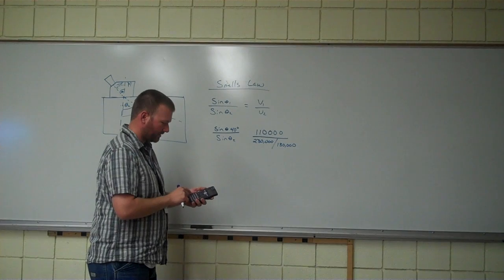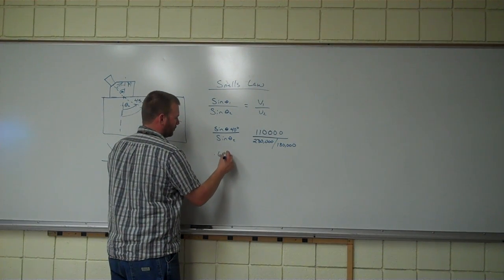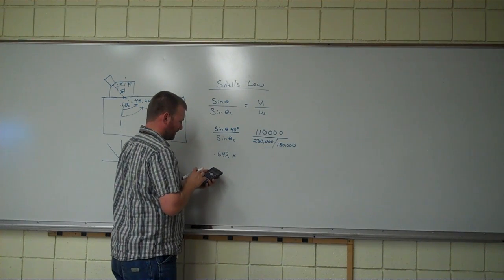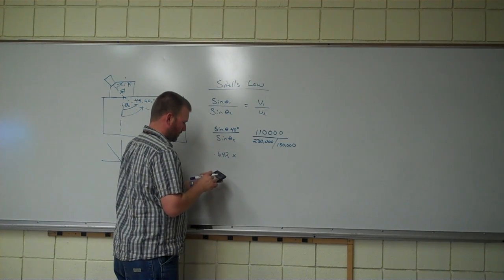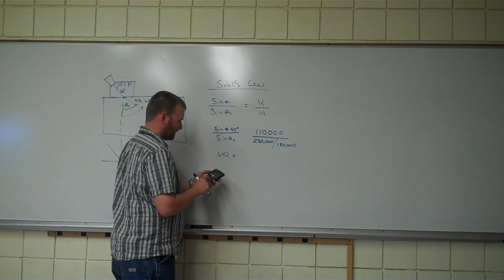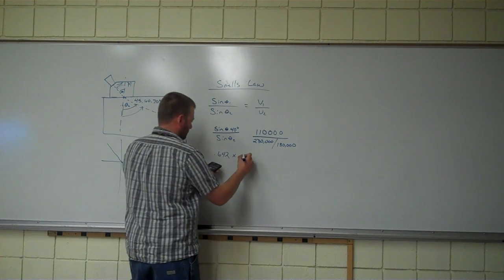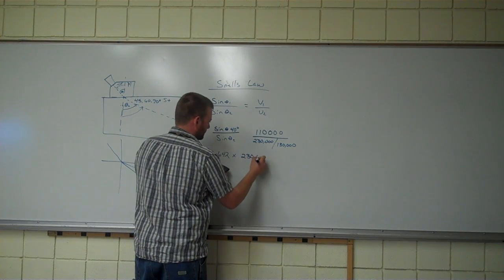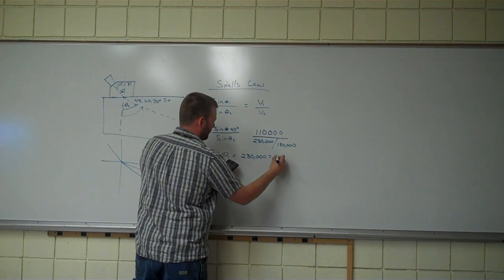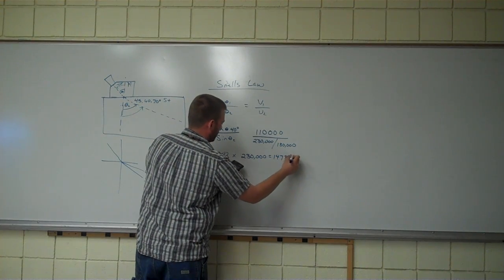Sine of 40 degrees on your calculator. Make sure you're in degrees. I come up with about 0.642. Now I'm going to multiply that by 230,000. Sine of 40 degrees times 230,000 equals 147,841.